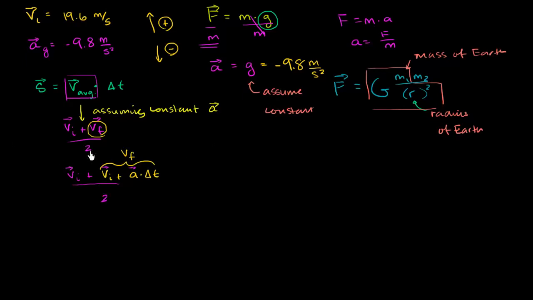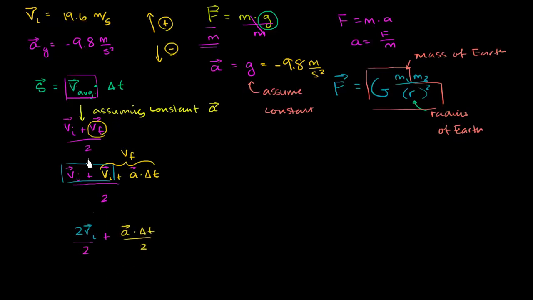Well, remember, we're just dealing with this average velocity term right over here. These two terms, if you combine them, become 2vi, 2 times my initial velocity, divided by this 2, plus my acceleration times change in time divided by 2.